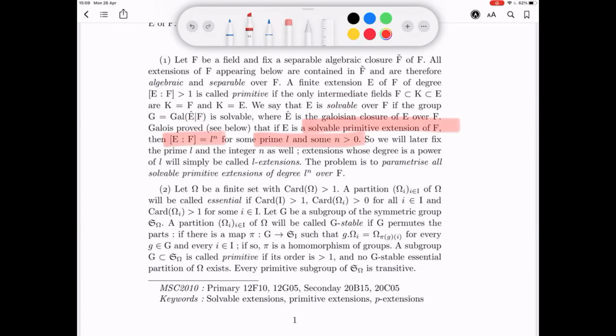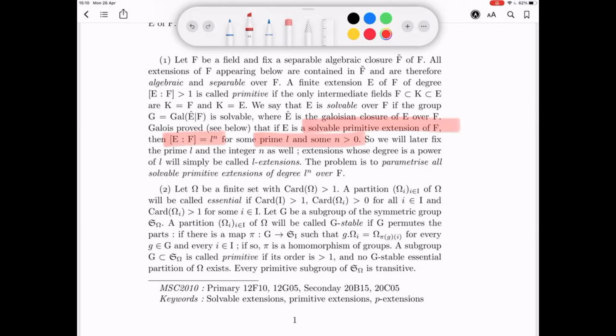So that theorem, we have converted it into a sort of definition. We are only looking at extensions for which the Galois group of the Galois closure is a solvable group.